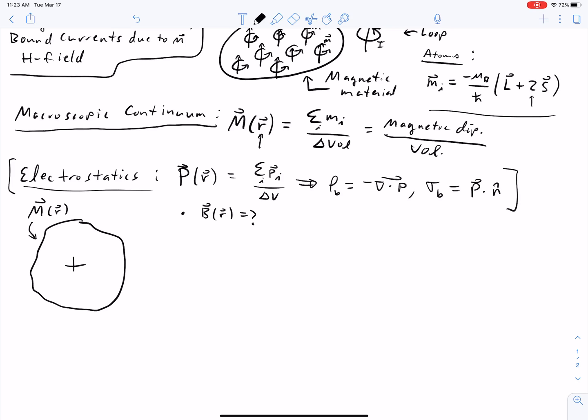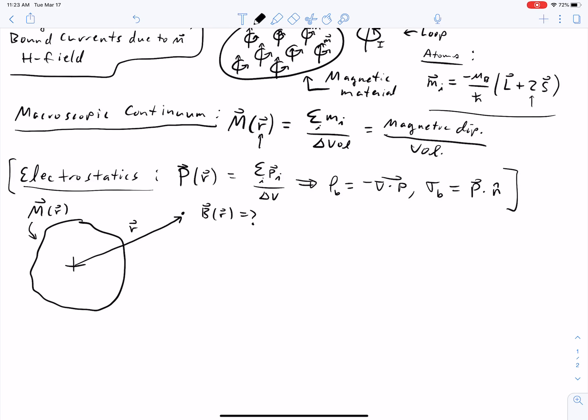This location, R, is here. And then we're going to ask ourselves, what is the B field at that point R?